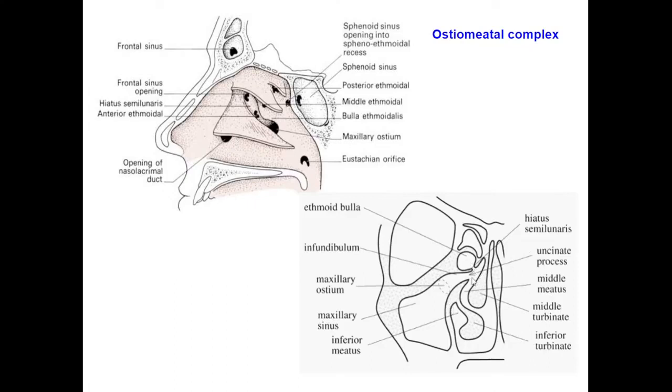And also infundibulum, here, or on this picture. What we can see here is this semilunaris zone where anterior ethmoid cells drain, the place where maxillary sinus drains, bulla ethmoidalis, middle ethmoid cells.